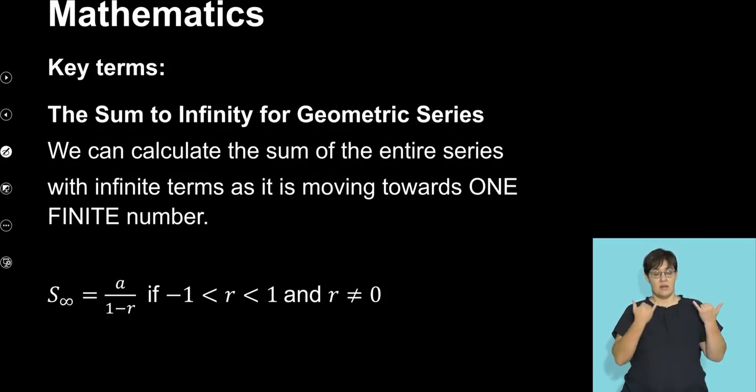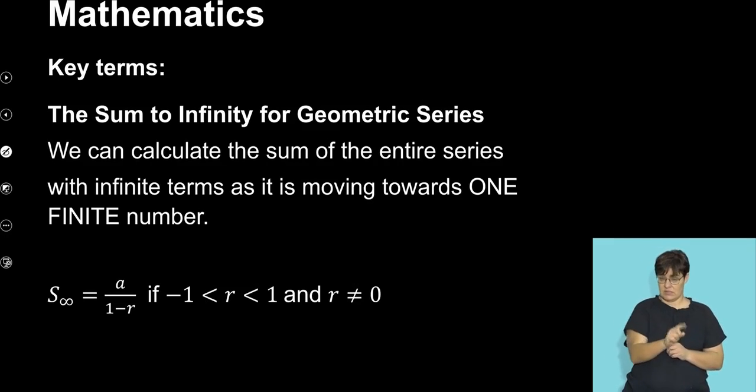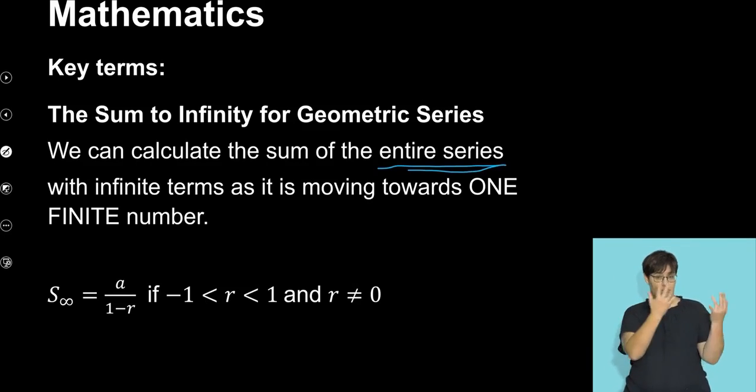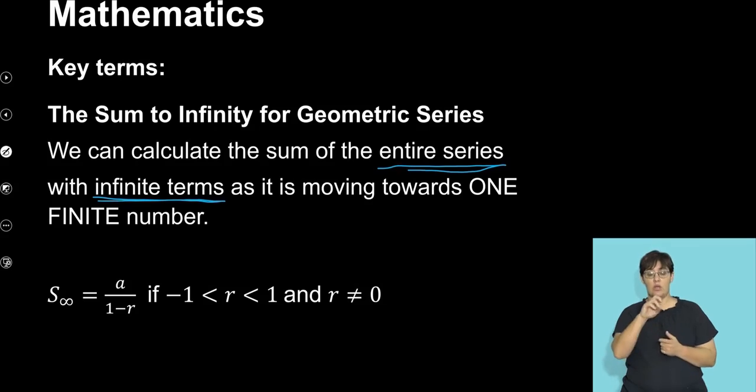So we can calculate the sum to infinity for a geometric series using the formula below. But let's just quickly look at what's on this slide. It says we can calculate the sum of the entire series with infinite terms. So essentially we're saying that if I were to add every single value of this sequence together, I can actually come up with a number that will express the sum of an infinite amount of terms.